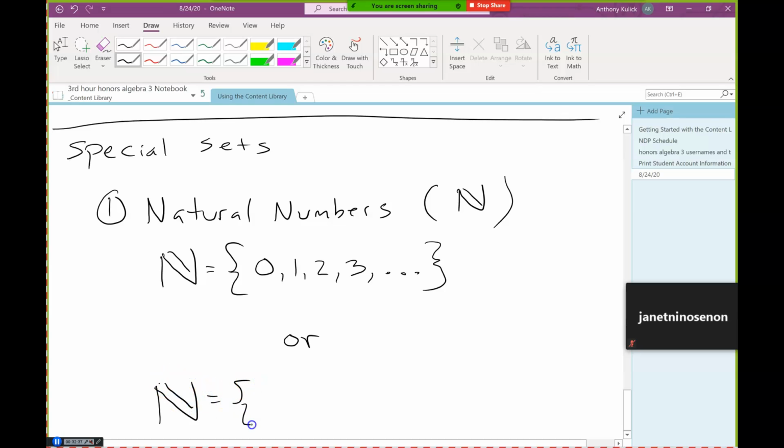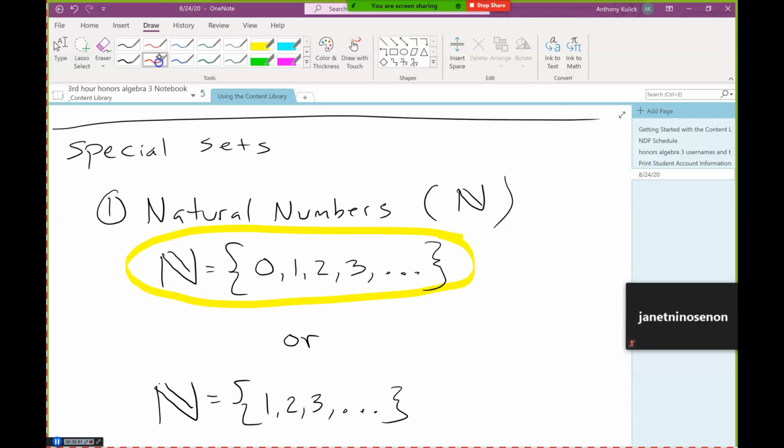This is not established as a convention, because sometimes when we talk about the natural numbers, we don't mean 0. Now, as a high school student, if we're talking about the natural numbers, my money says that we're talking about including 0.